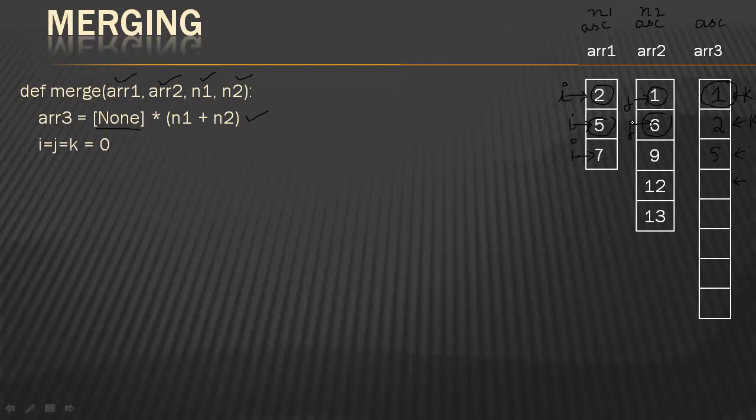Comparison now between 7 and 6. 6 gets transferred, you increment k. And now do not increment I because it's the jth element that you transferred. So you increment j. Now the comparison is between 7 and 8. 7 gets transferred, you increment k and you increment I.